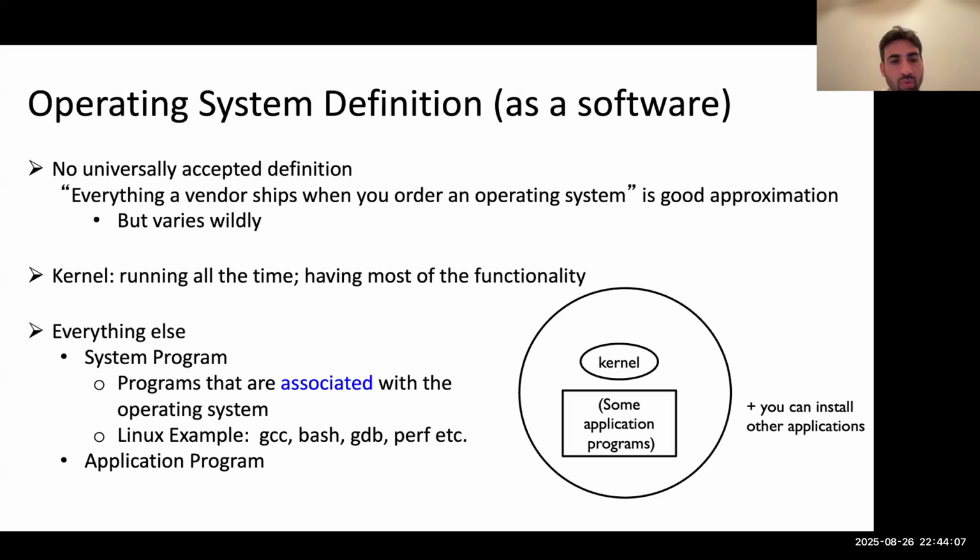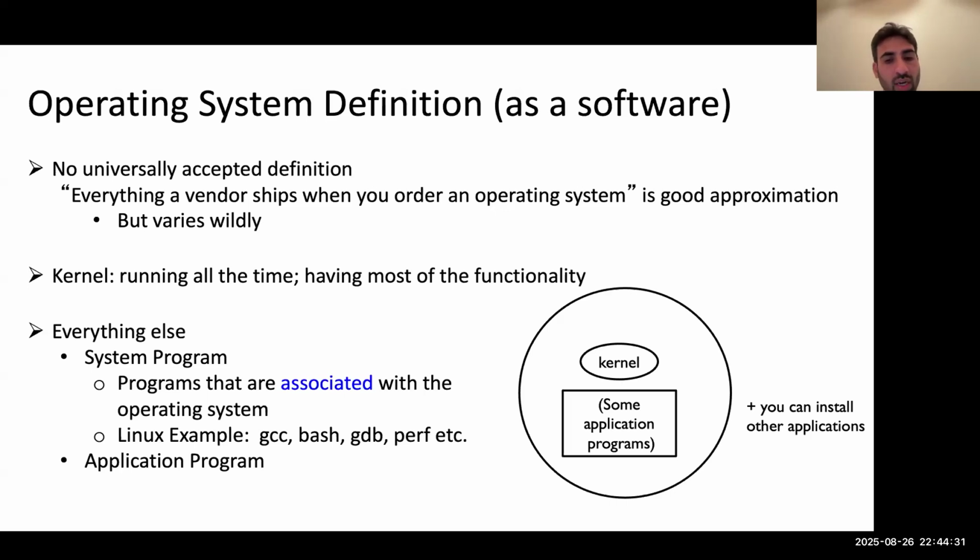Examples of system programs in a Linux environment are the GCC compiler, Bash, the GDB debugger, or the perf tool. All of these tools come as a part of the Linux operating system, but they do not constitute the kernel.